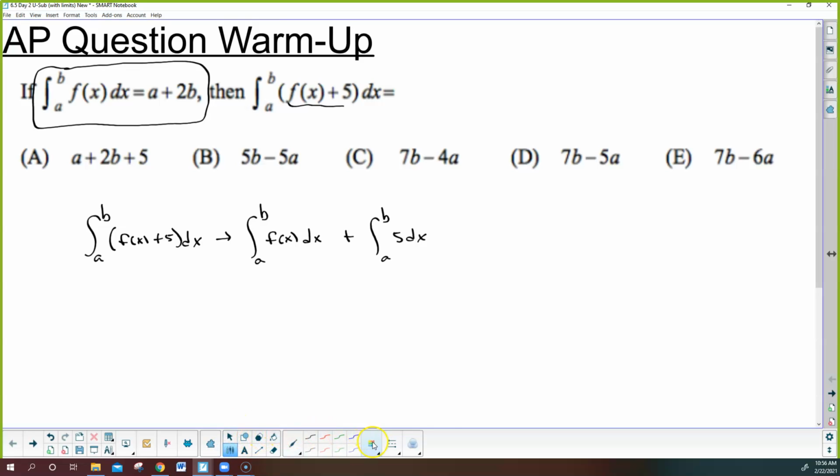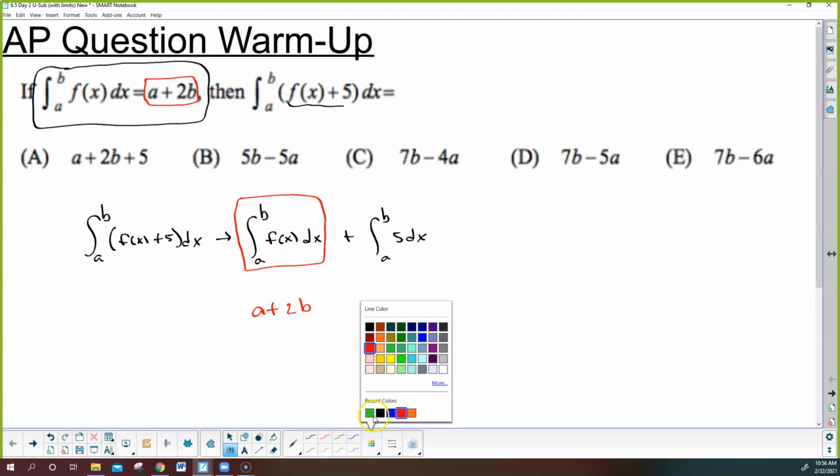Now, what's the benefit to doing that? Well, we know exactly what the integral from a to b of f of x dx is. That's equal to a plus 2b. So we don't have to do any calculus for that. It's just we know the answer. The next one, we have to actually evaluate.